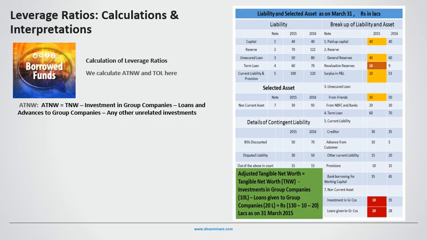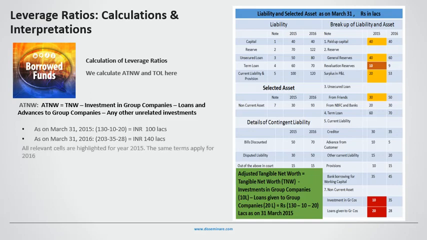Thus, 1. As on March 31, 2015, ATNW equals rupees 130 minus 10 minus 20 lakhs equals rupees 100 lakhs. 2. As on March 31, 2016, ATNW equals rupees 203 minus 35 minus 28 lakhs equals rupees 140 lakhs.